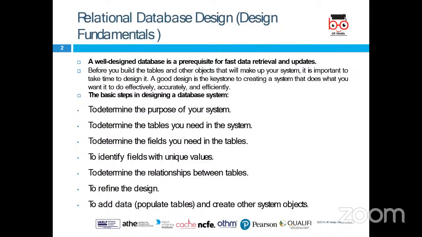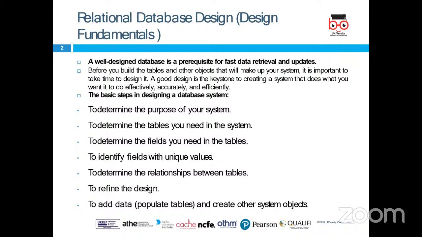What we need to focus on today is to understand the basic steps required for designing a database system. As you can see, what we have to do now is determine the purpose of the system. Then we have to look into the tables that we need to add for our system. We're also going to demonstrate the fields that we need in the tables.